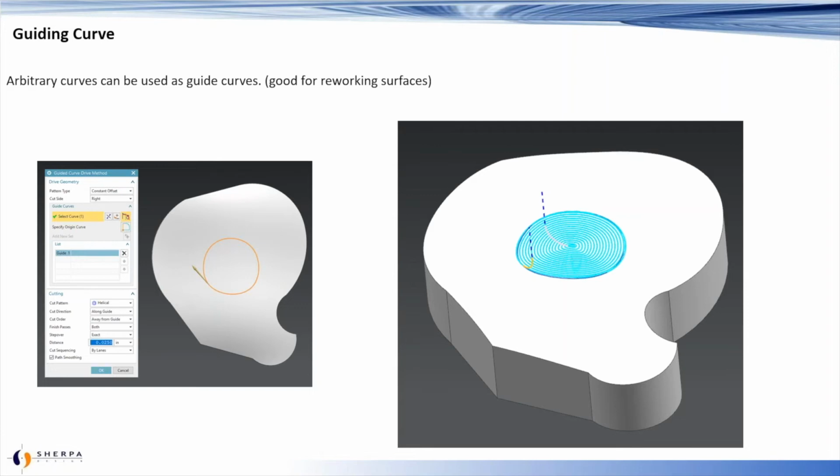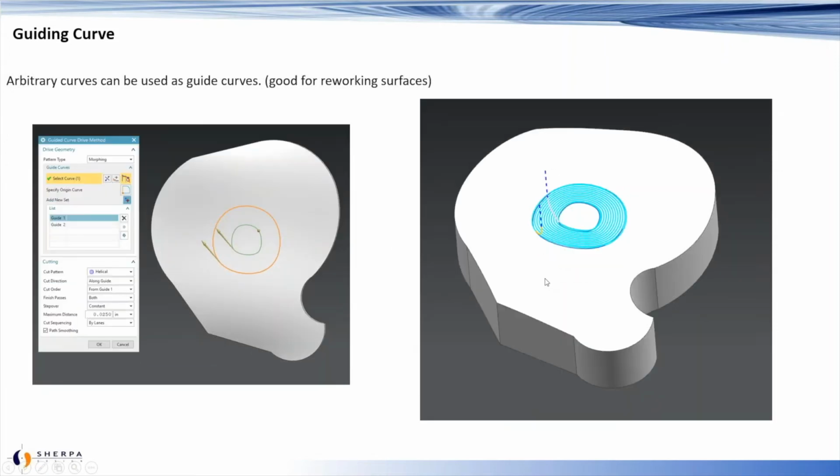With constant offset, you select one guide curve, and it does everything on the inside of that closed guide curve, everything on the outside, or everything in between. The morphing option, which uses two guide curves, lets you select an inner and outer boundary.